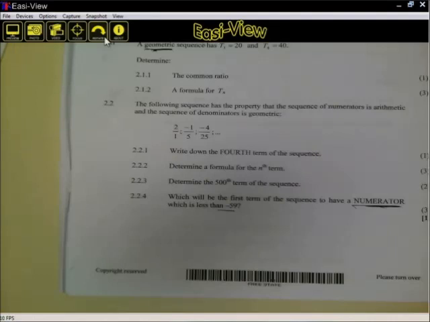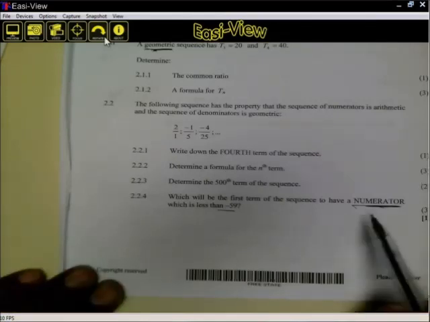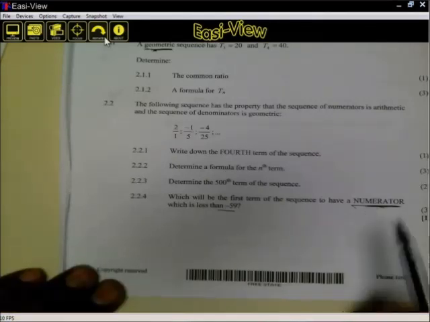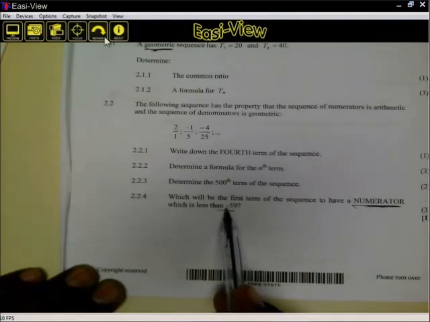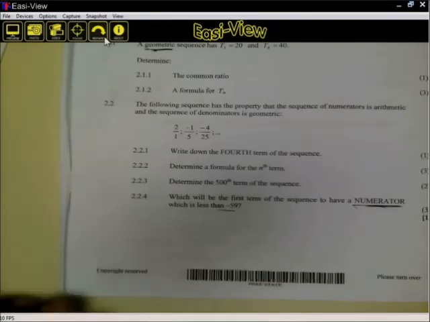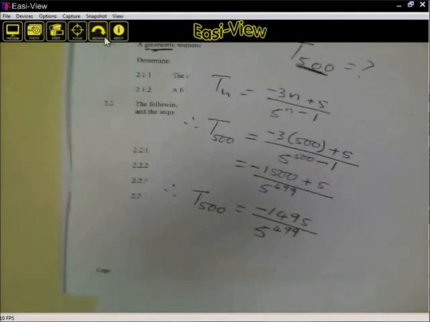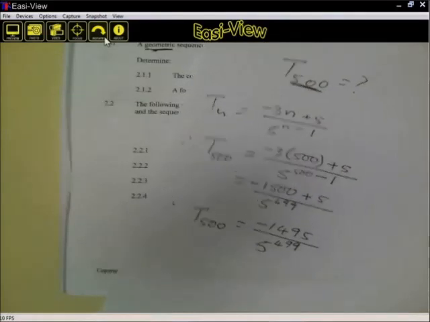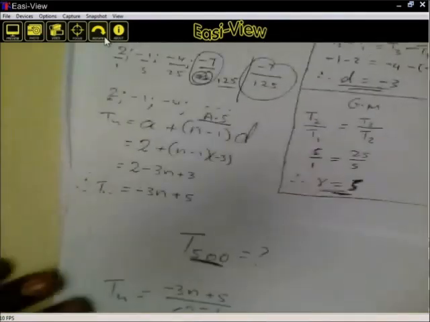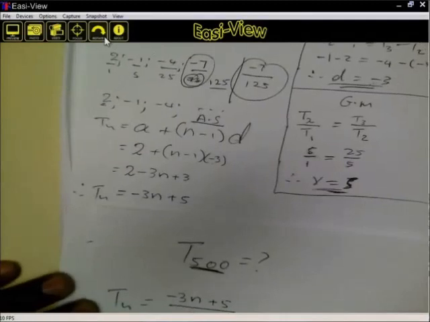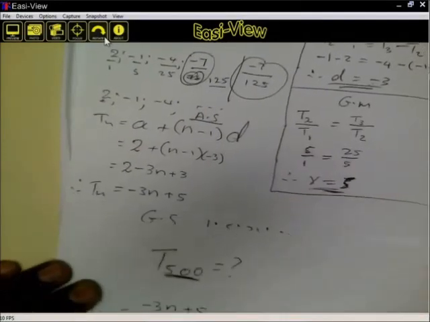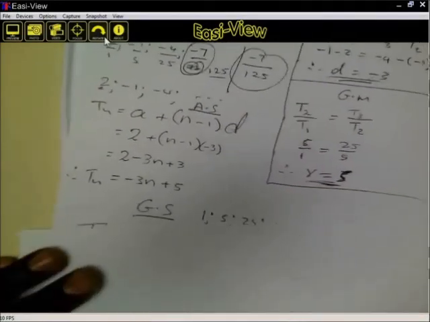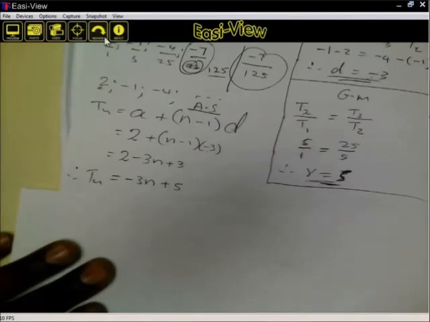In other words, in this case, with the sequence of numerators, we are going to consider negative 59 to be our Tn, our nth term, just to find its position. And then we take it from there. Now, the general term that we found for the sequence of numerators, if you still remember, is Tn equals negative 3n plus 5.